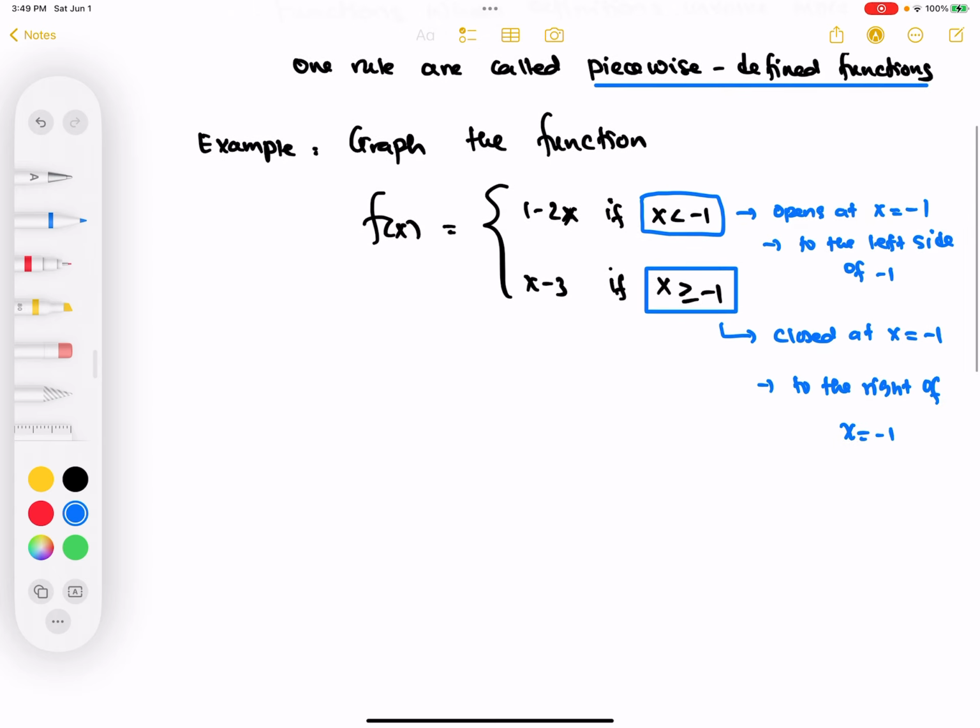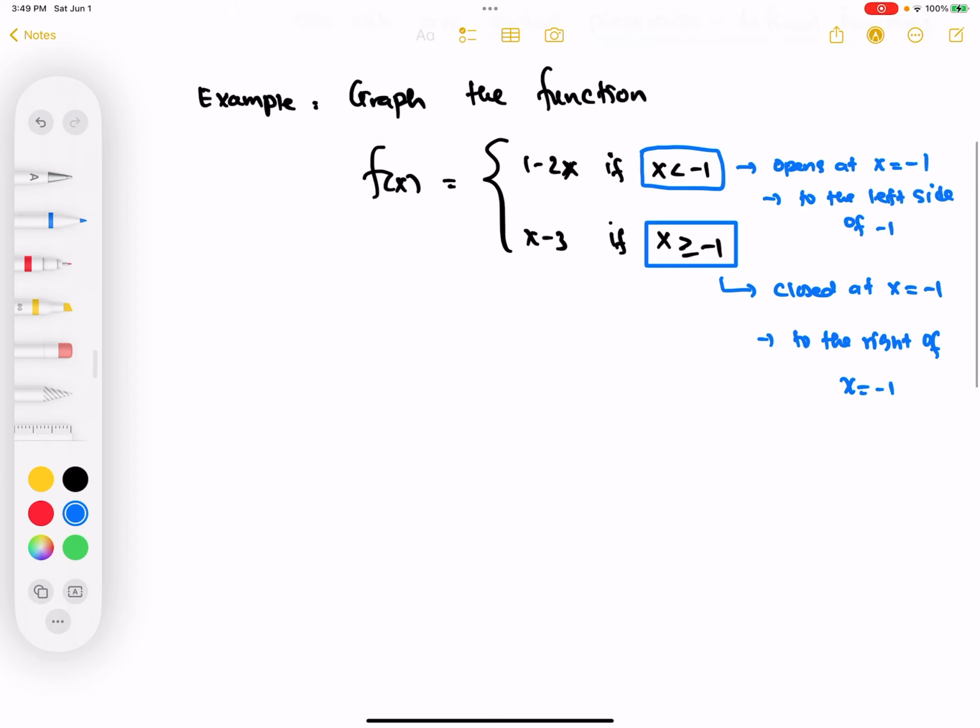Now, when you plot the graph of this one, we need these points as a reference. In order to graph, let's consider the first piece, which is f of x equal to 1 minus 2x.